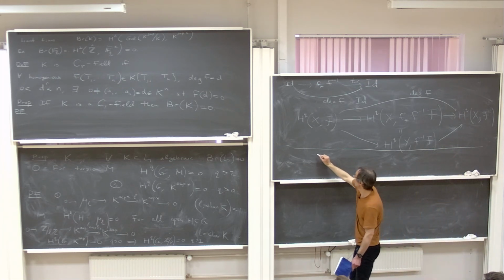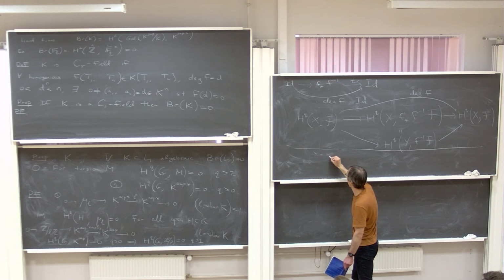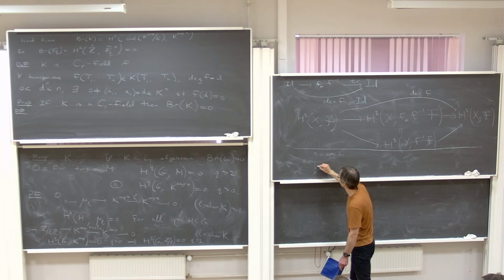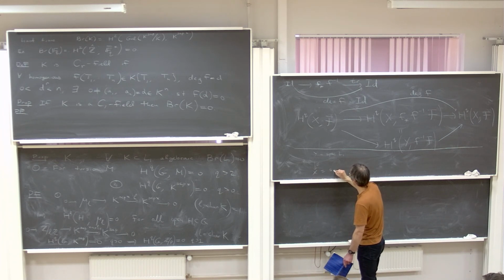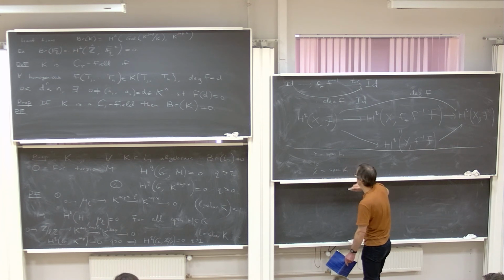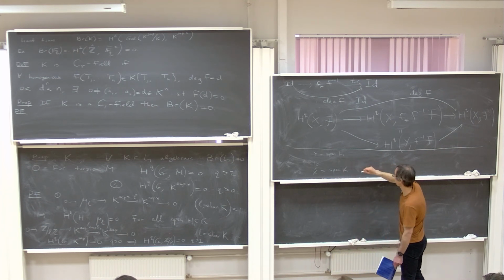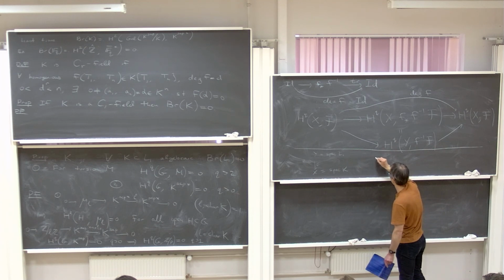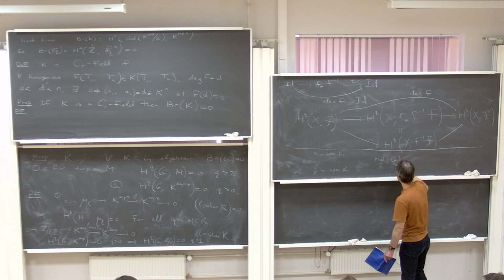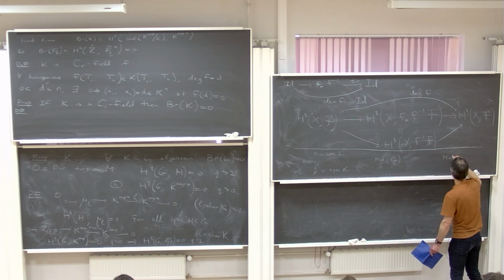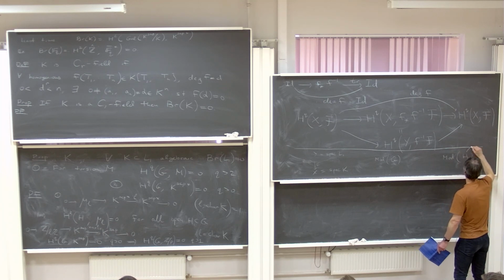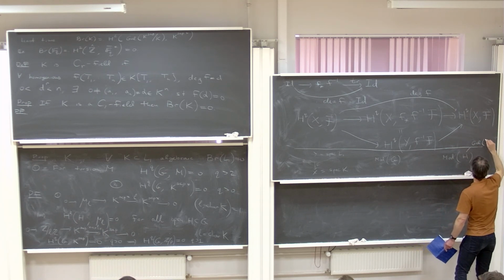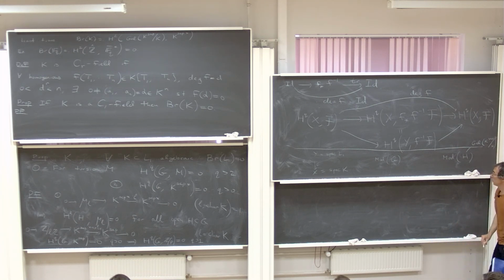Suppose I have Y, spec L, and this is X, spec K, with the map F. Sheaves can be identified with modules of the Galois group G, and this is modules over H, which is the Galois group of K sep over L. So this is a subgroup.